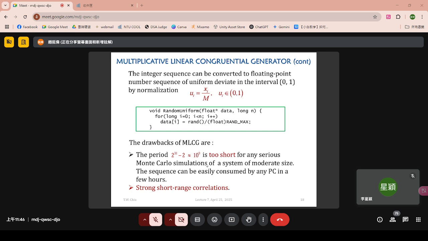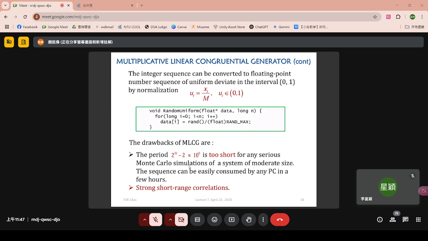Even with your laptop, within a few minutes, you will generate so many random numbers that the sequence repeats, and then it's not random.